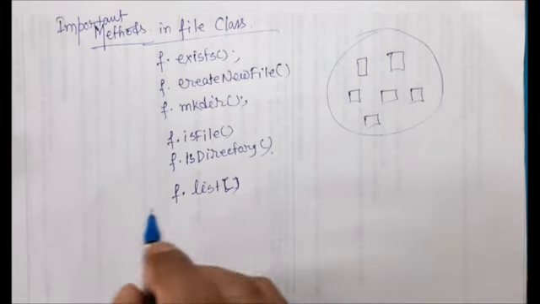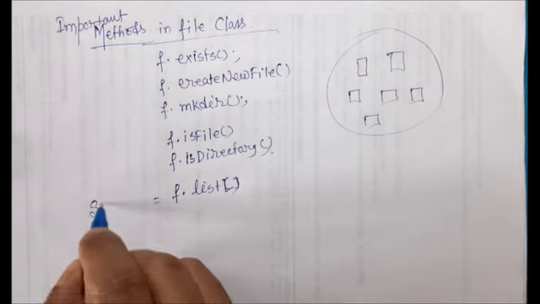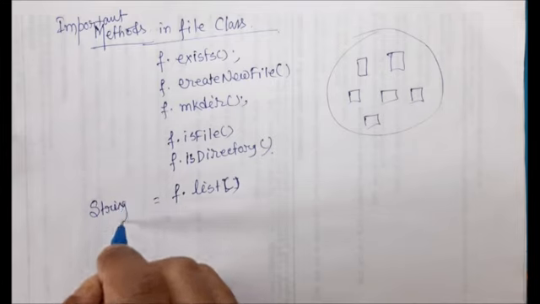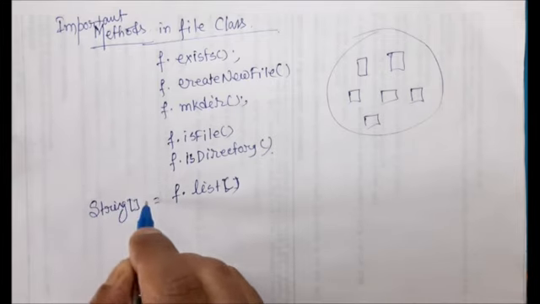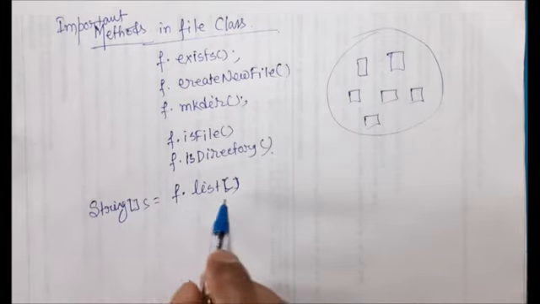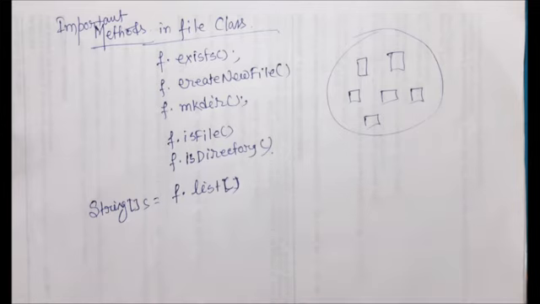The return type of this method is a string array. So we can write it like this, String array is equal to f.list. So the return type of the list method is a string array.